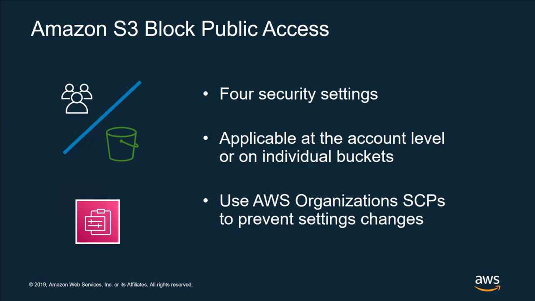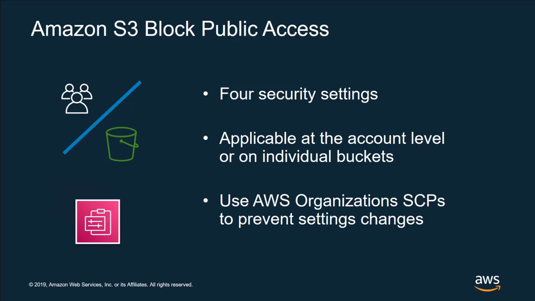So what we did was we launched this new feature called block public access. There are essentially 4 security settings that I'll describe later. On the next slide, they can be set at the account level and at the bucket level. At the account level is what we recommend.